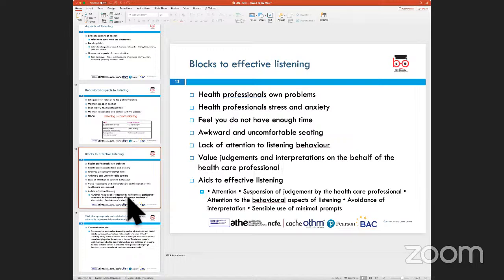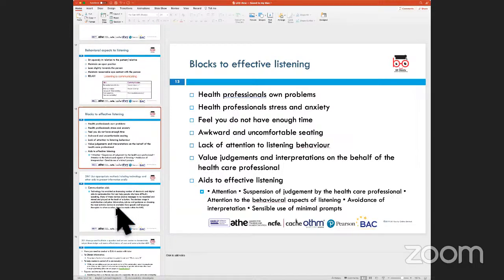They could be blocks which could essentially be restricting you as a practitioner in health and social care to be able to listen to your patients or their conditions when they are sharing information. Is that okay? Any questions on this so far?